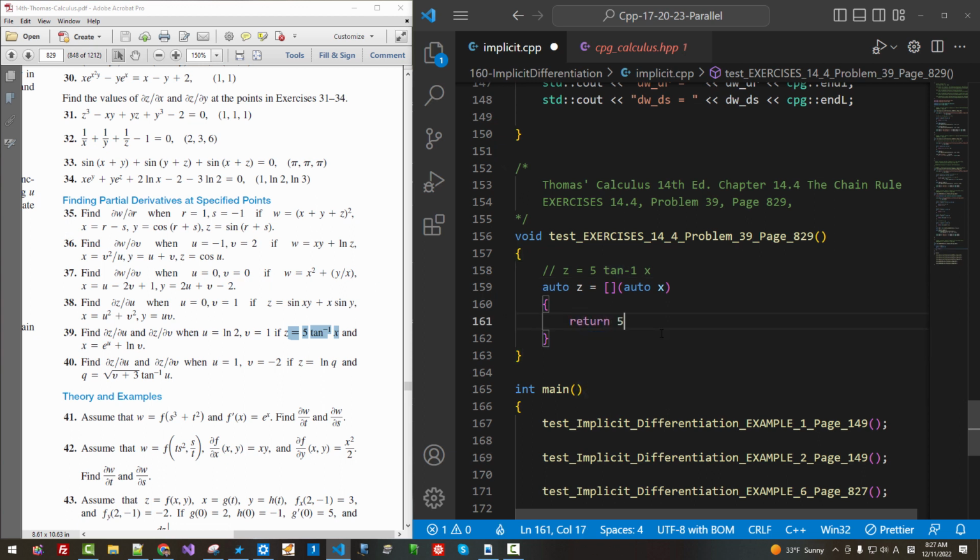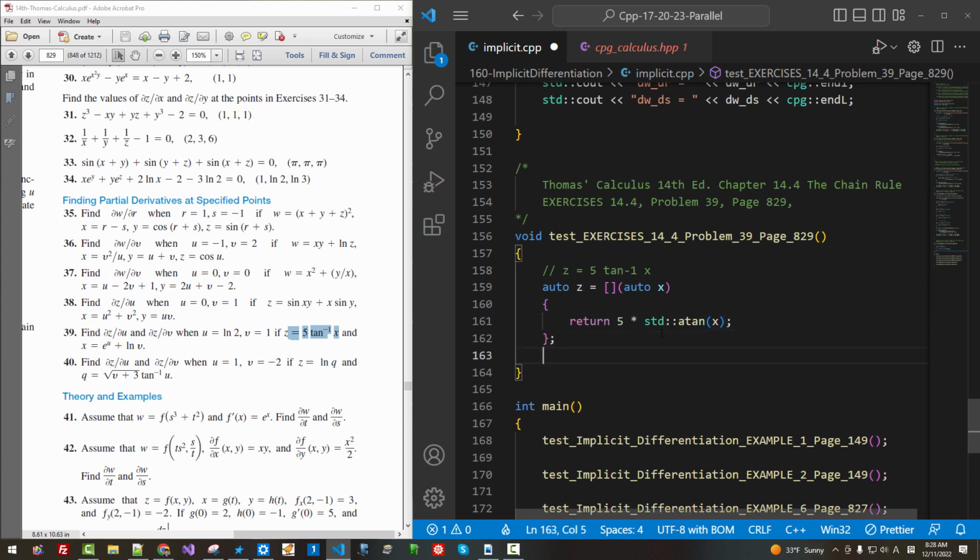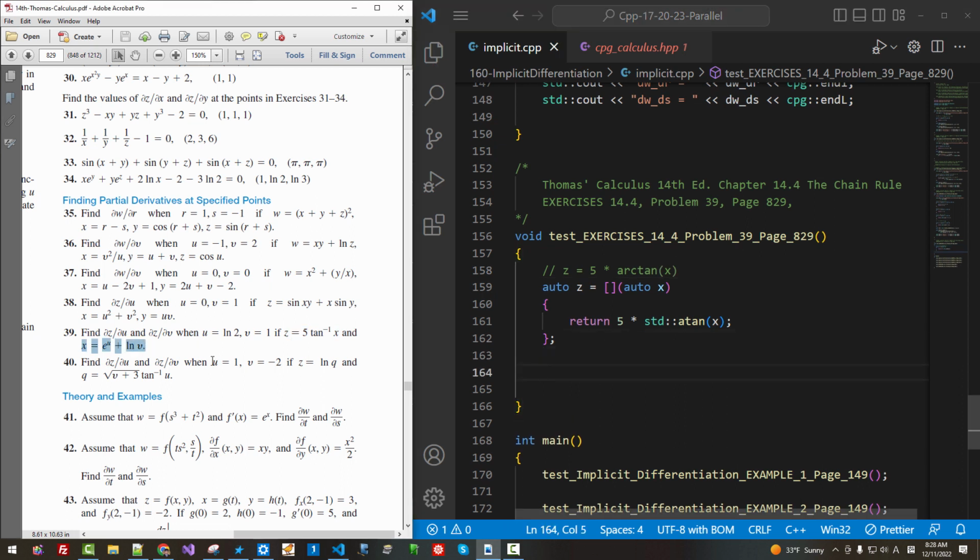Return 5 times std::atan x, semicolon. It represents arctangent. Now x is defined like this: e to the power of u plus ln v, natural log v.